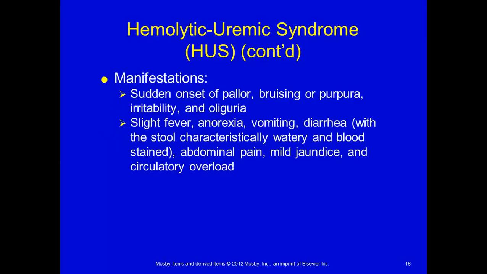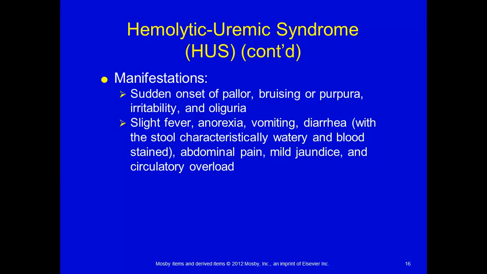So again, these manifestations should make sense to you, right? Pallor, bruising or purpura because of the issues with perhaps the platelets. Oliguria, again, because you're having a lack of filtration, a lack of proper function of those glomeruli. And then you can see some other things here as well.